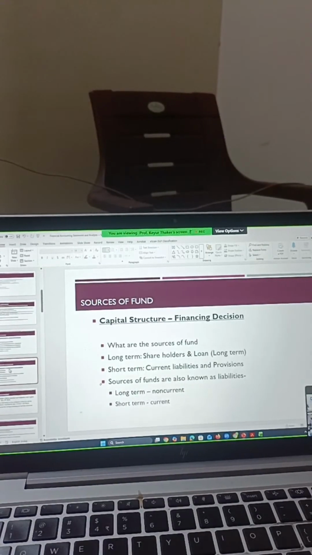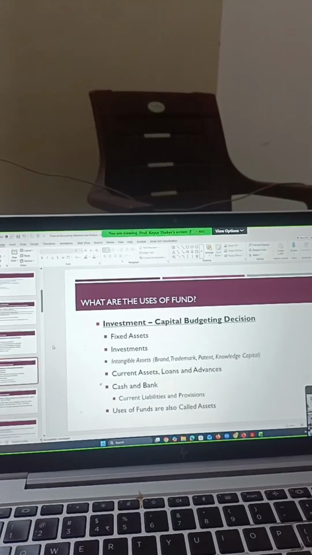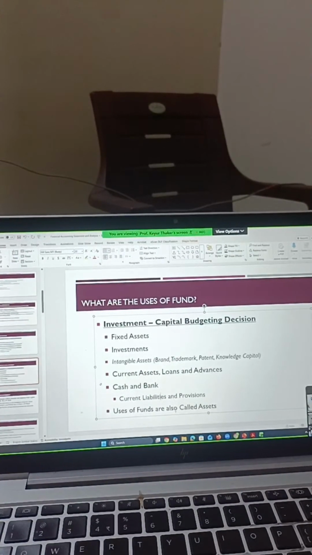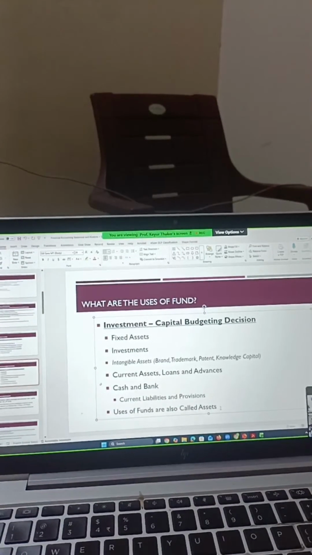Then we looked at where the funds are being put to use. The company puts money into fixed assets, investments, intangibles, current assets, loans and advances, cash and bank, and uses of funds are called assets. Wherever funds are used or deployed, they are called assets. If you have cash, it is an asset.